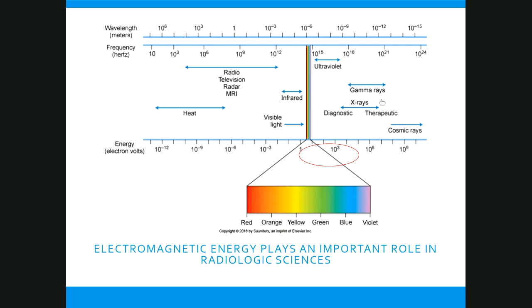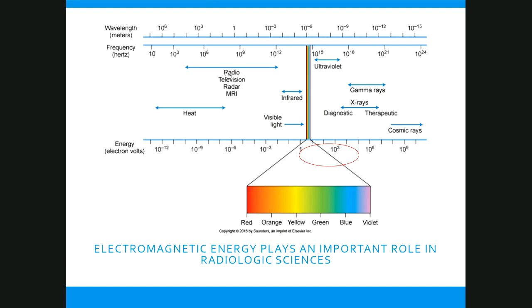And gamma rays are used in nuclear medicine. These absolutely are ionizing. All of these, heat, radio, visible light, infrared light, ultraviolet light, are not ionizing radiations. But to look at the low end of the spectrum, the very lowest end would be heat, followed by radio waves, which we use in MRI.